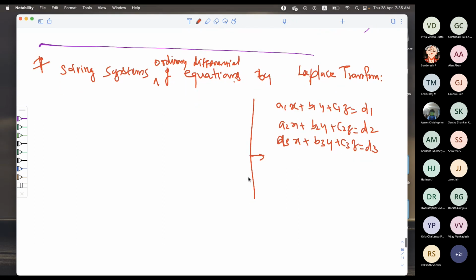Suppose I have to compute x, y, z. The first method is the substitution method. The elimination method or substitution we may use. Elimination means we first eliminate some variable like z, multiplying by some constant and subtracting from the other equations. That elimination method we can use, or Cramer's rule, you know that, right?